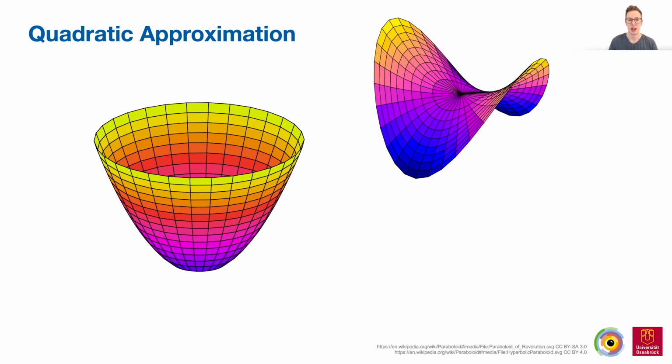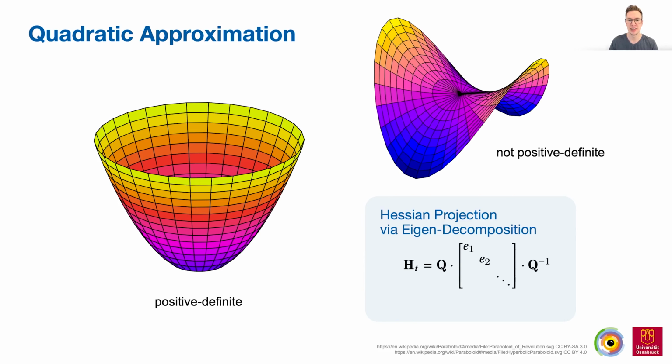To do this, we look at the eigendecomposition of the Hessian, and intuitively every eigenvalue that is negative corresponds to a direction in which our paraboloid bends downwards instead of upwards. And we need it to bend upwards in all directions to have a unique minimum. So what we do is we just clamp negative eigenvalues to a small positive number.